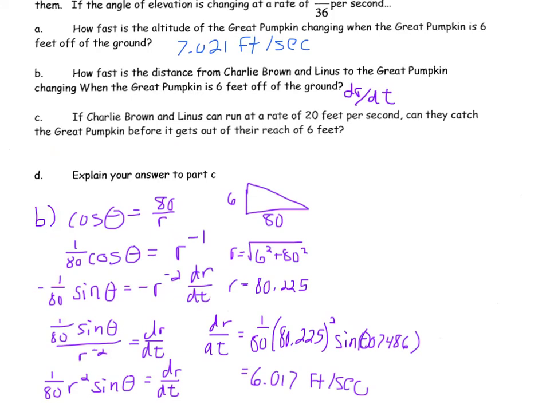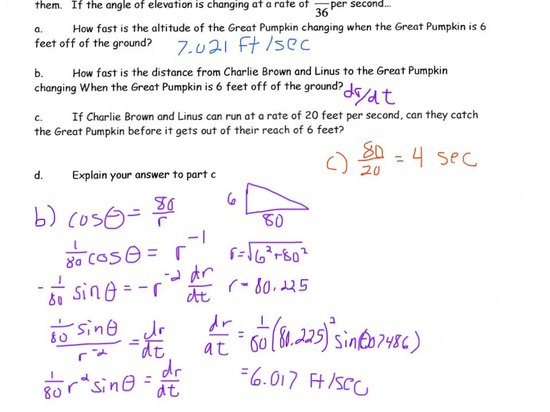For part C, we're asked if Charlie Brown and Linus can run at a rate of 20 feet per second, can they catch the Great Pumpkin before it gets out of their reach of 6 feet? So we know that Charlie Brown and Linus are 80 feet away from the pumpkin. So if they run at 20 feet per second, they can get to the Great Pumpkin in 4 seconds.